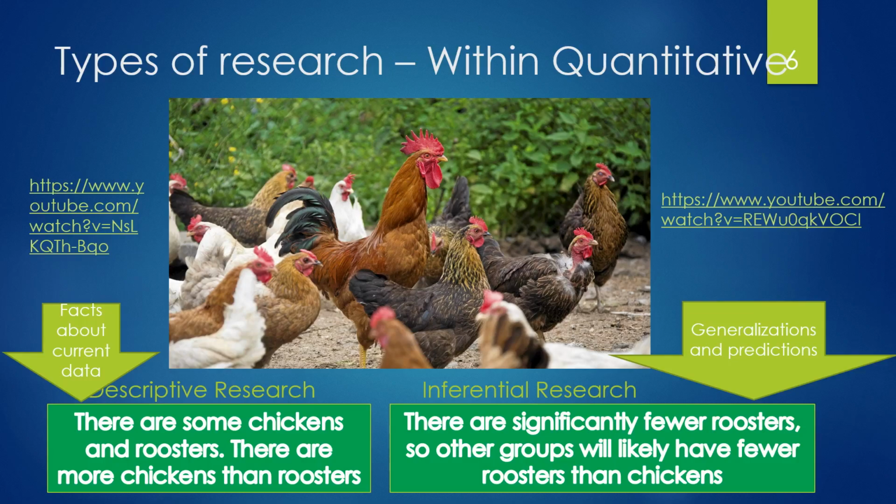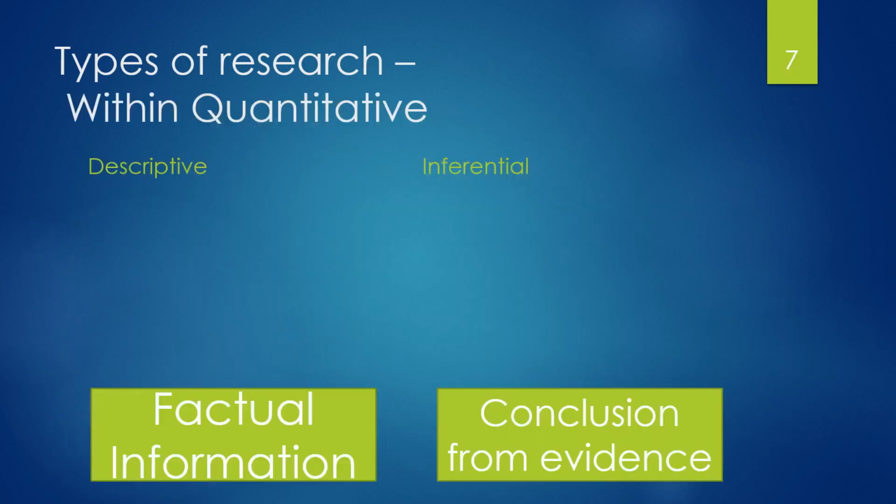In the real world, you might think about descriptive versus inferential research as talking about factual information versus conclusions from evidence. Say, for example, you have a research question like this: do many people study using flashcards? That would require descriptive research. That would require factual information.